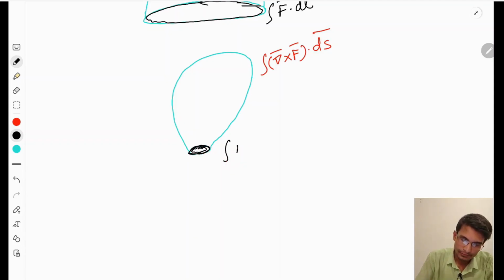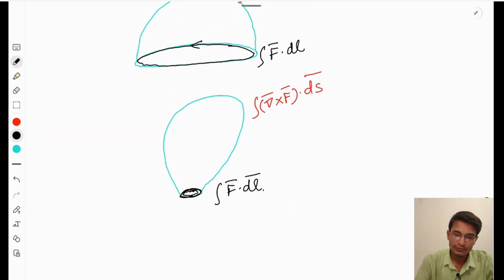So this is F dot dL. Now if it is a closed surface, then the integral of the curl of the vector dot dS will be 0, because this boundary line will be 0.